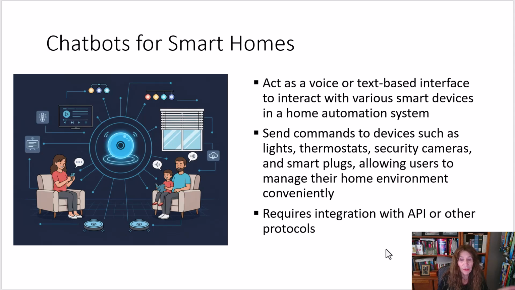Again, this requires some integration with other computer hardware and software, but we have this voice or text-based interface which can control different systems in our homes, such as lights, thermostats, security cameras, and we can manage our environment conveniently. Again, very useful for people with disabilities.